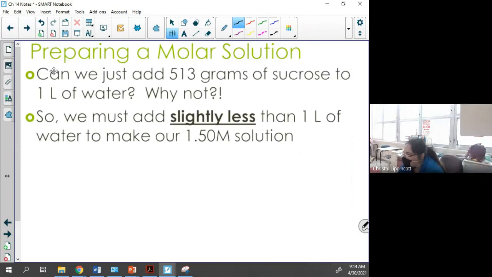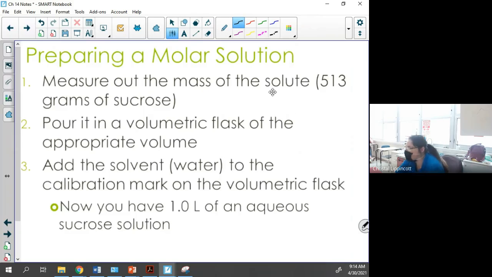We can't just add a liter of water in here and then dump the sucrose in, because that would increase the volume, and that doesn't work. So we have to add the sucrose in and then add the water to make up the difference. You measure the mass of the sucrose.